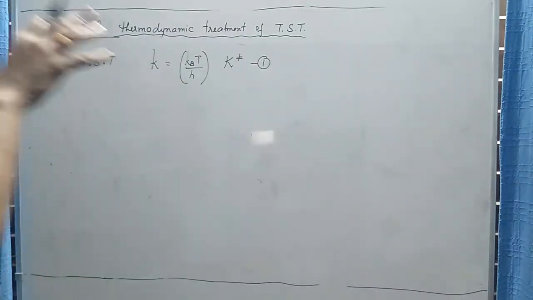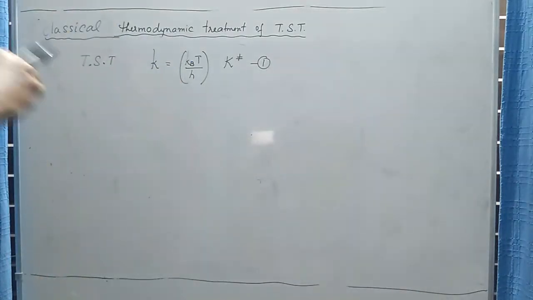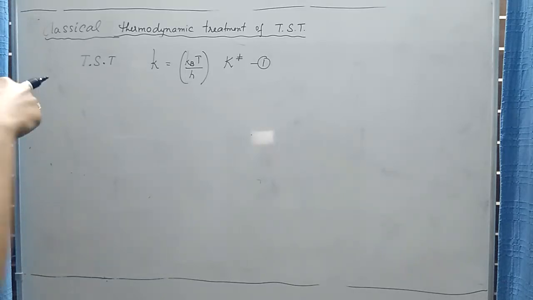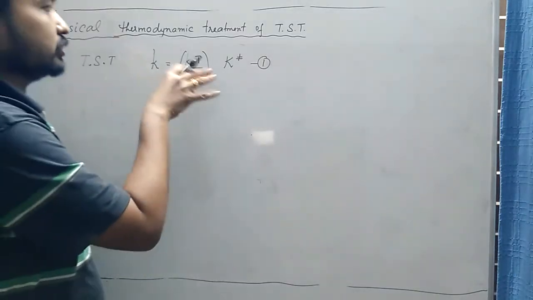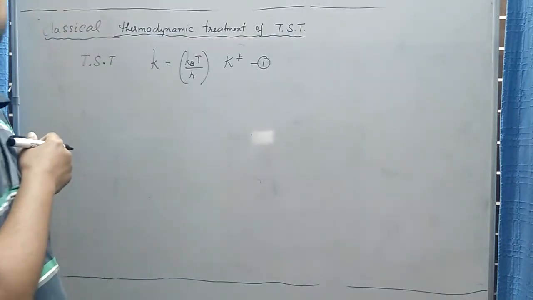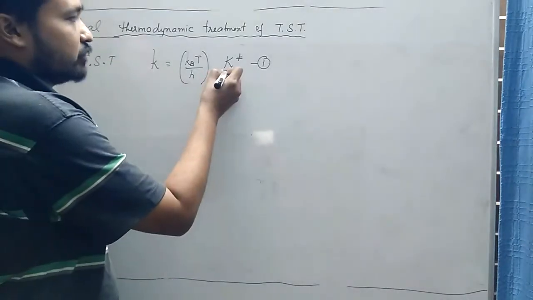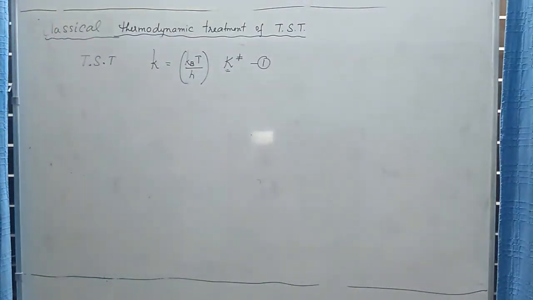You have different thermodynamic variables such as free energy, enthalpy, entropy, internal energy. Is it possible to introduce any one of them here? The answer is yes, because here we have the equilibrium constant, and this is directly related to free energy.